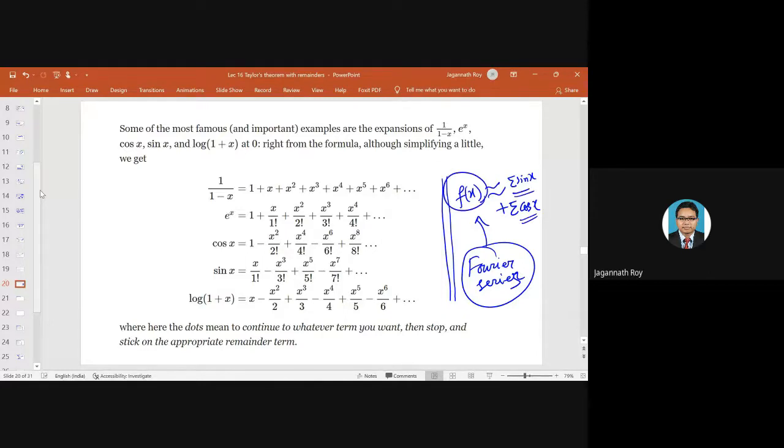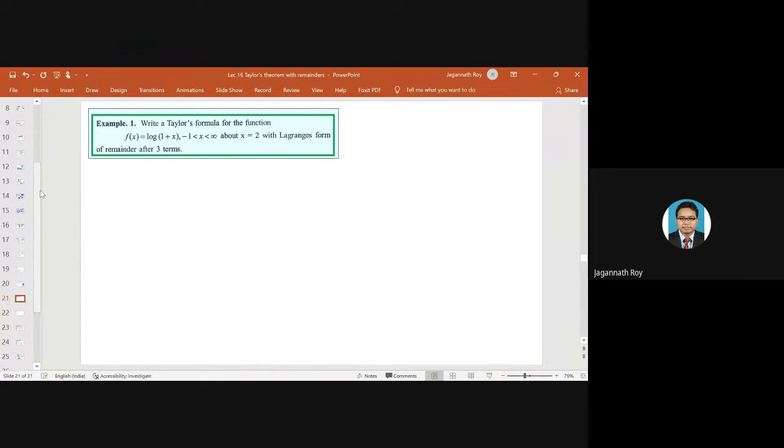Any function can be approximated. This is for your information. It is not included in this course. Maybe you will study in third semester or some other time. Okay. So let me just give you one example.